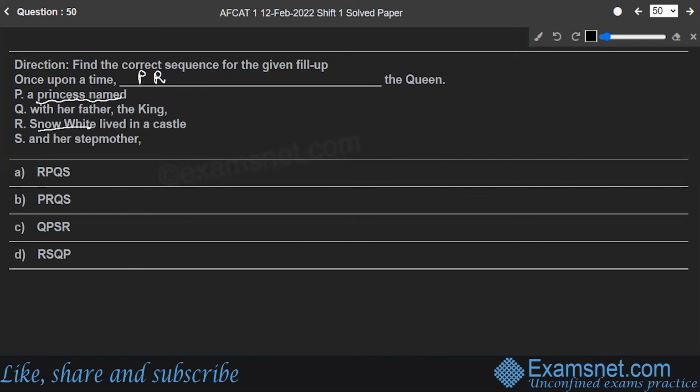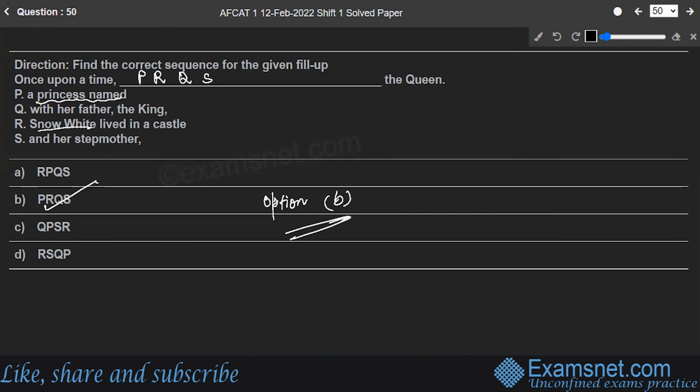So now let's read it. Once upon a time, a princess named Snow White lived in a castle with her father, the king, and her stepmother. So it's easy, right? PRQS. This is the one. Option B is correctly fitting into this place. See, the opener over here is P, as it introduces the context of the paragraph.